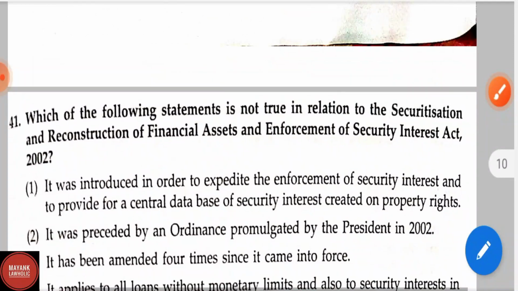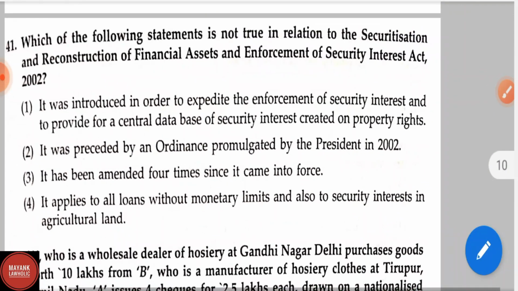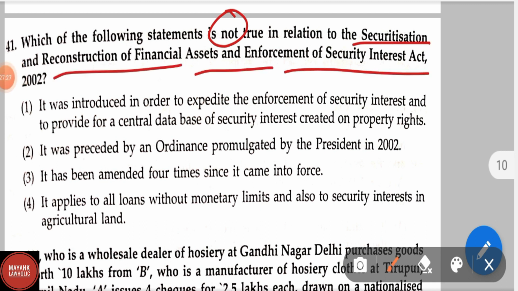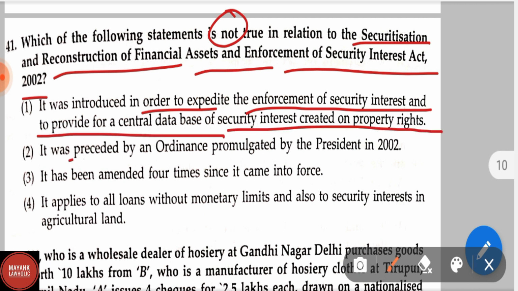So let us see the question number 141. Which of the following statements is not true in relation to the Securitization and Reconstruction of Financial Assets and Enforcement of Security Interest Act 2002? Options are: it was introduced in order to expedite the enforcement of security interests and to provide a central database of security interests created on property rights. Option 2, it was preceded by an ordinance promulgated by the President in 2002.